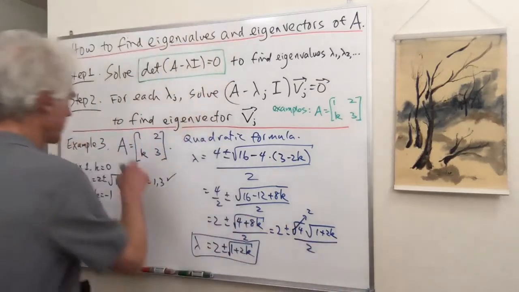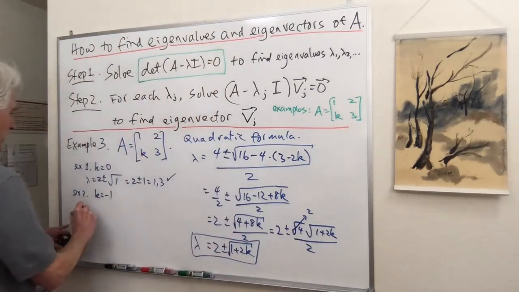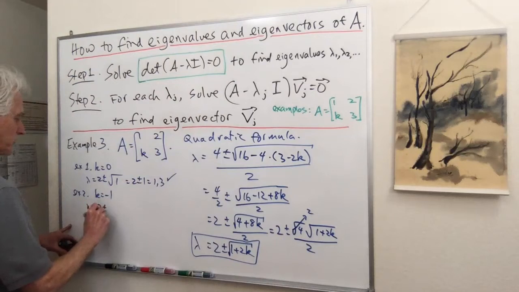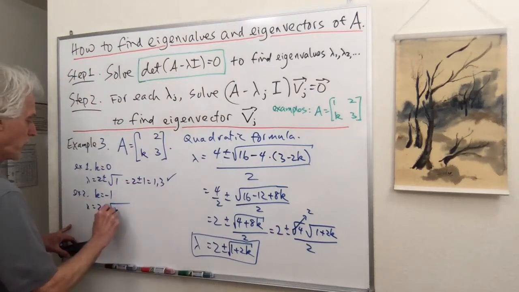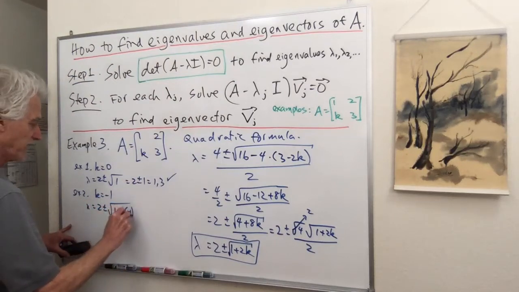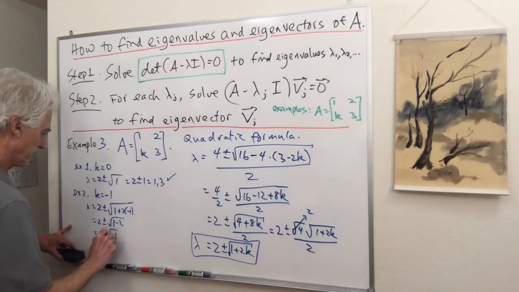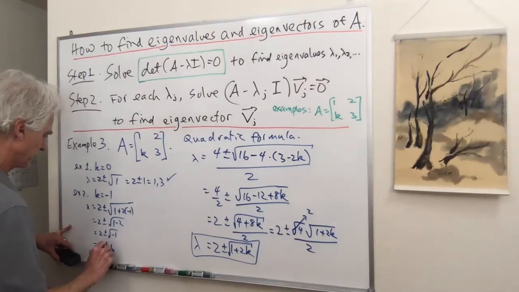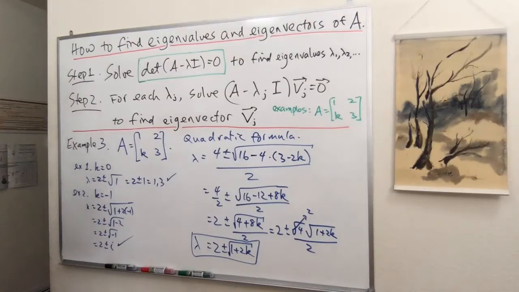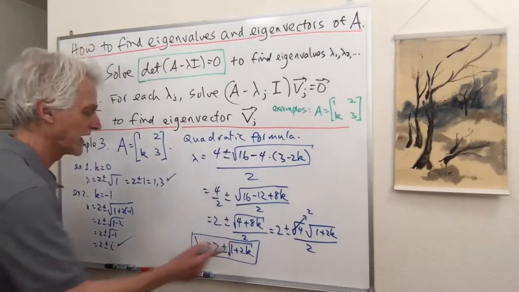And this gives us lambda is 2 plus or minus the square root of 1 plus 2 times negative 1. That's 2 plus or minus the square root of 1 minus 2, 2 plus or minus the square root of negative 1, 2 plus or minus i. That's what we got for example 2. So it's probably right.